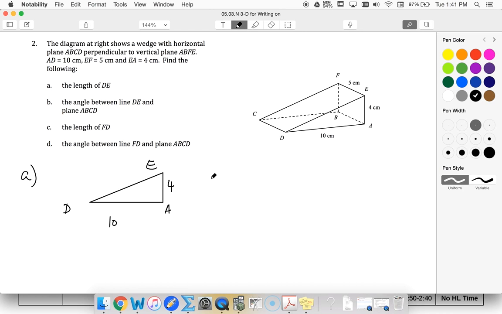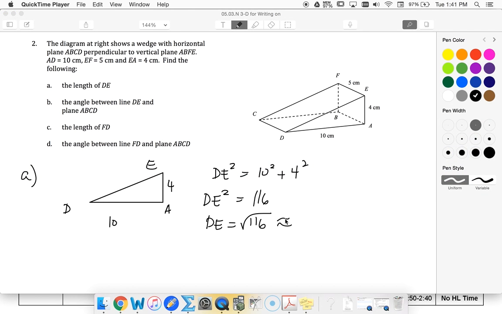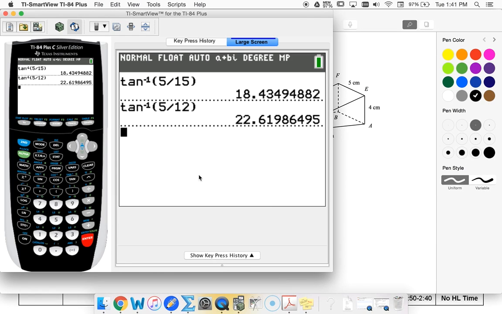This is the one we don't know, but of course Pythagorean theorem tells us that DE squared is 10 squared plus 4 squared. So DE squared is 100 plus 16. So DE is equal to the square root of 116, which is approximately something bigger than 10 and smaller than 11.